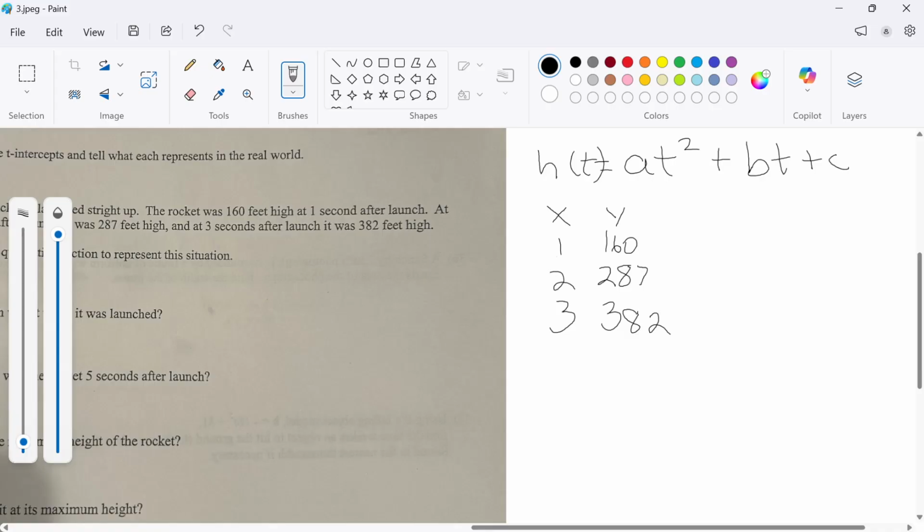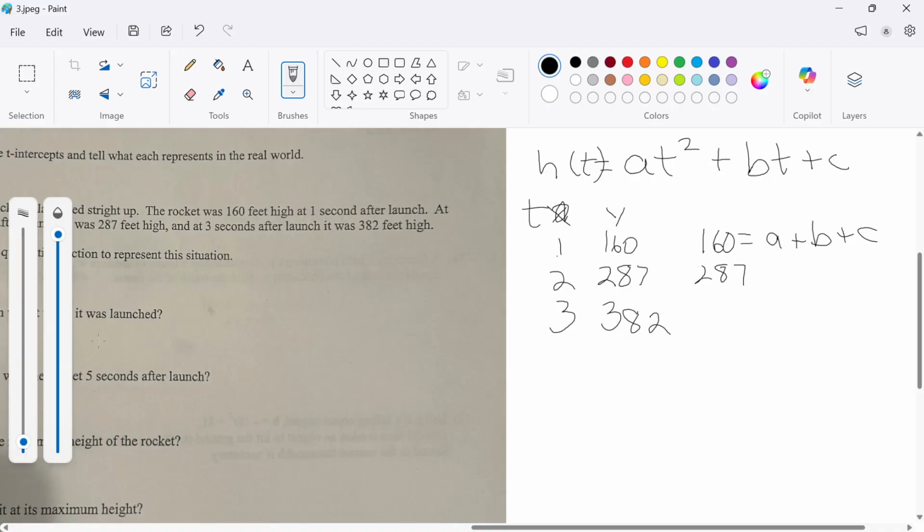I will plug in when t is 1, h of t is 160. So 160 equals a times 1 squared, which is a, 1 times b is b, plus c. That gives me hope that this will be easy to simplify. And then at 2 seconds, it's 287 feet high.